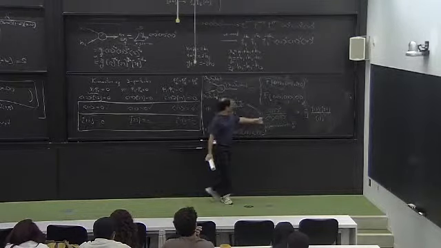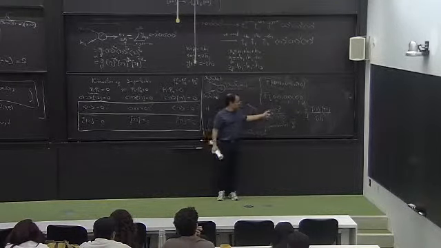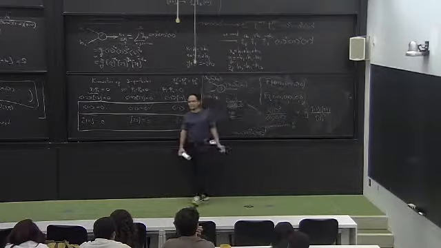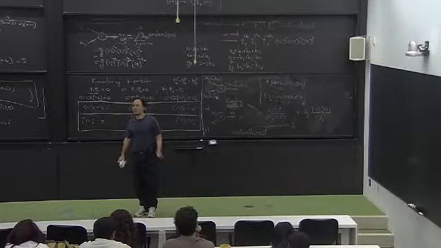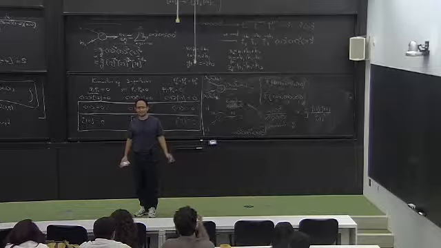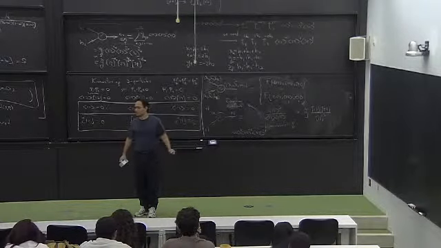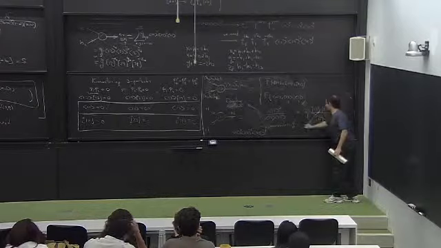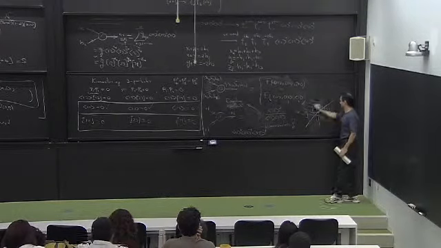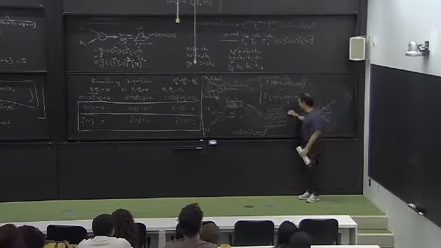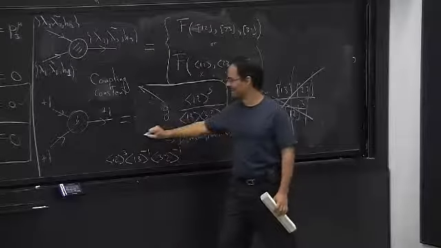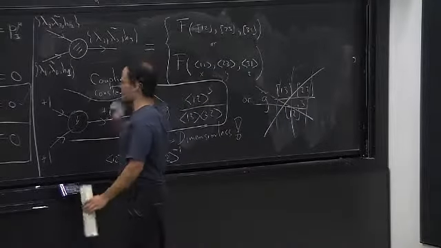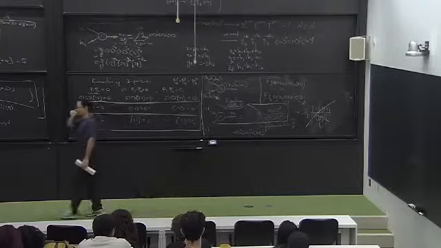So what happens to this guy when I set these brackets to 0, when I take the limit when they go to 0? 0. What happens to the other solution? So the other solution is not physical. So I'm done. All right, very good.